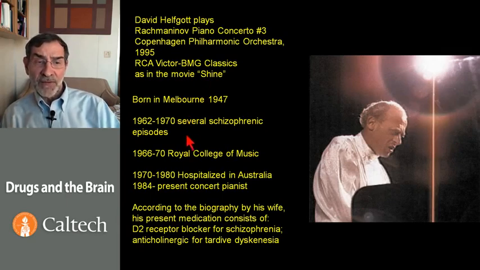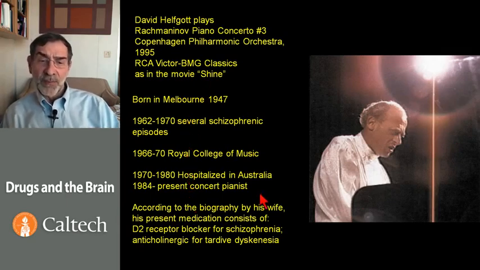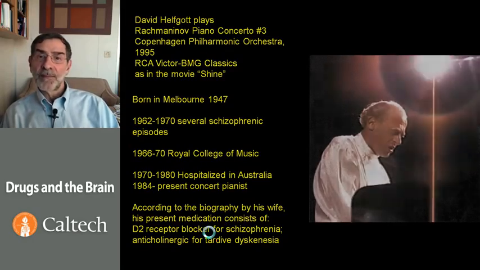We'll talk about his life and about his psychotic episodes, all based on the book by his wife, and we'll discuss the medication that he now takes, again, according to the biography by his wife. We may also have a chance to talk about another famous psychiatric patient, John Nash, who was the topic of the movie A Beautiful Mind.